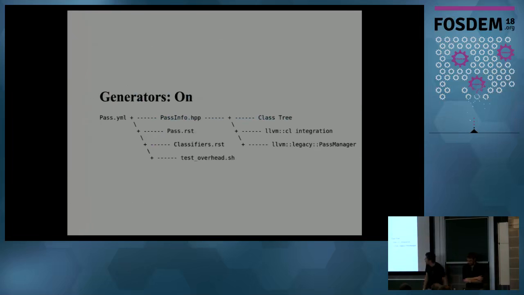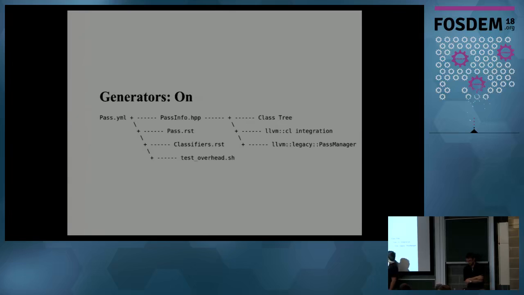So from that file, you have the description. You generate some header files. So your actual LLVM implementation will derive from that, and it will get access to options, the pass level, and several stuff. We also generate the documentation that will be forwarded to Sphinx for user documentation generation.